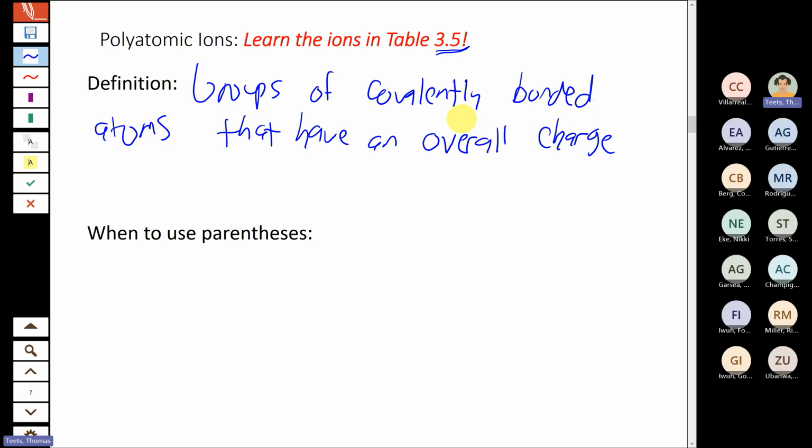So when you look at the table, which I'll show you later on briefly, the table looks like it has a ton of things in it. I'm like, oh my gosh, I have to memorize all these, but there is a little bit of a pattern involved. So many of the polyatomic ions that we have are, as you'll see, what are called oxoanions. They're some center atom with a bunch of oxygen around it. And in that case, very often you're going to have the possibility of having different numbers of oxygen atoms around the center atom.